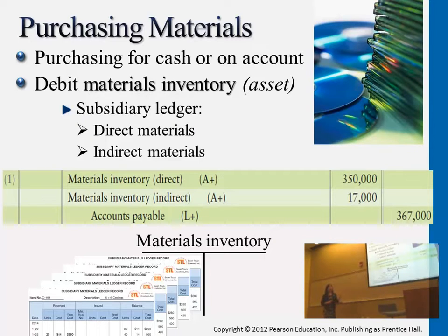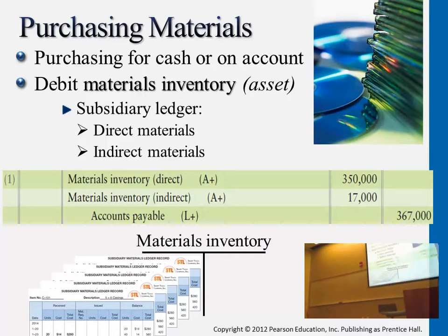Okay, so we debit materials inventory, an increase to an asset account, and we credit accounts payable, a liability account. Or if we pay directly by cash, it will be credited to cash. Fill in the T accounts here. Materials inventory purchased altogether 367, and accounts payable also 367.